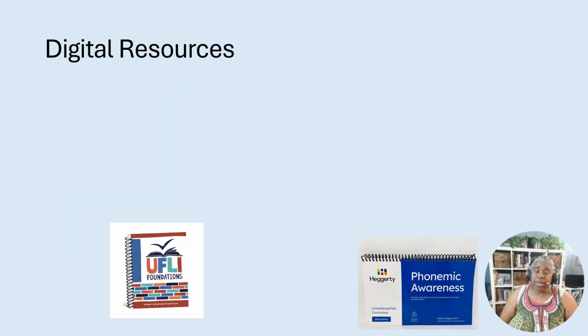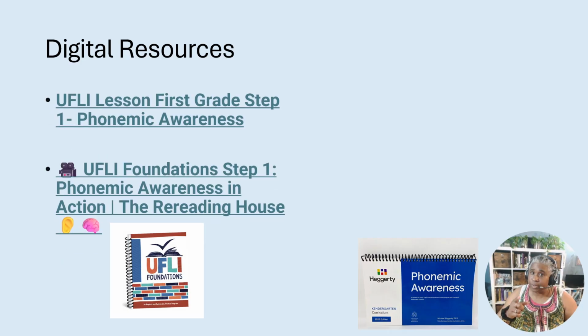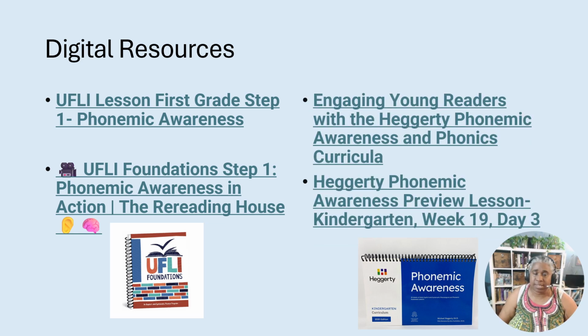Okay. I want to give you some digital resources to go with those supplementary materials. So I can't remember if these videos I've linked here are small group, individual lesson, sample lessons, and then whole group, or the other way around. So tap the links and take a look.